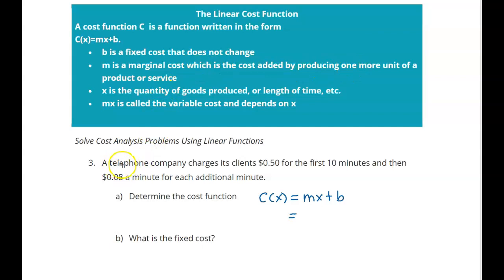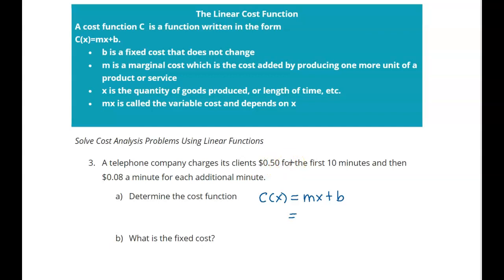So if you look at this one, we know that the telephone company charges its clients 0.50 for the first 10 minutes, and then 8 cents a minute for each additional minute. So this is actually the rate. So 0.08 a minute for each additional minute is actually the rate, and the fixed cost is 50 cents for the first 10 minutes.